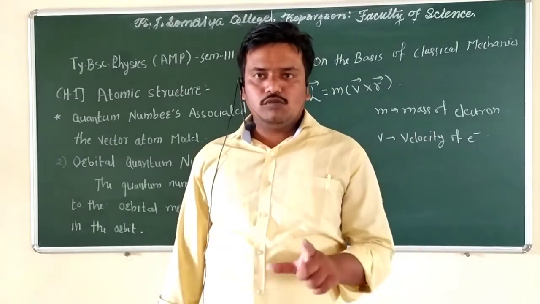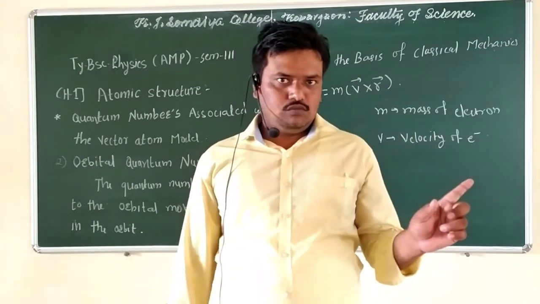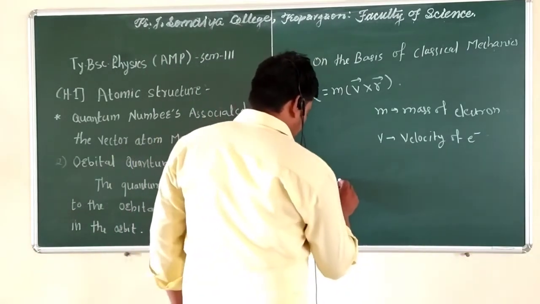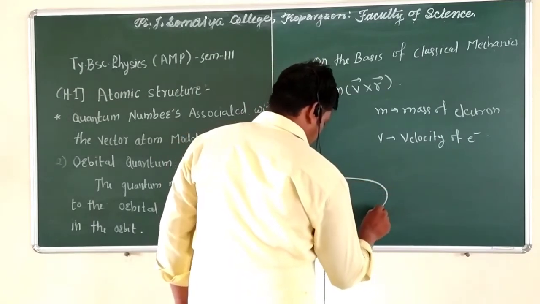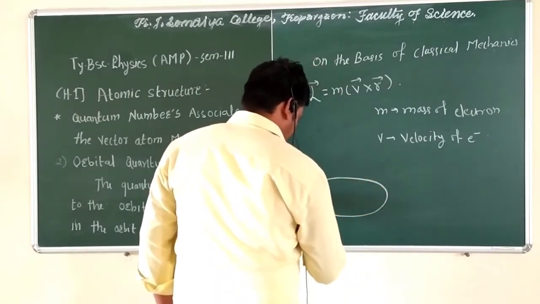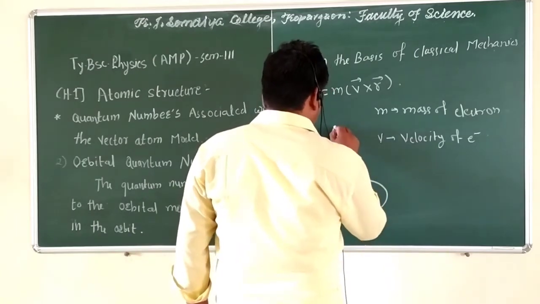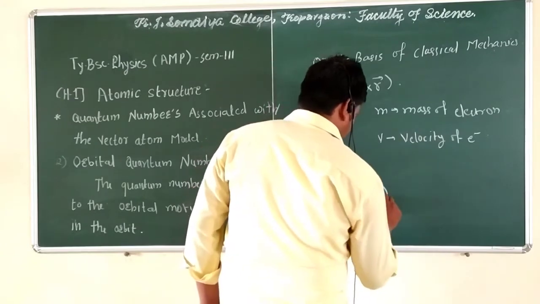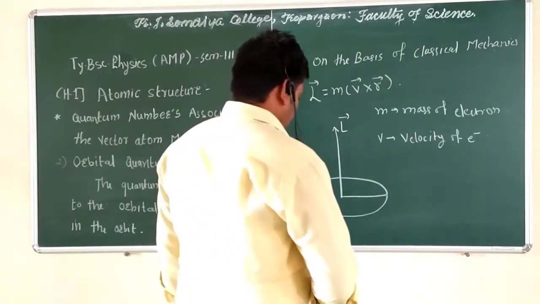If we see the figure, the angular momentum is perpendicular to the plane of the motion. If we consider the plane of the electron orbit here, this L bar is perpendicular to the plane of the orbit.